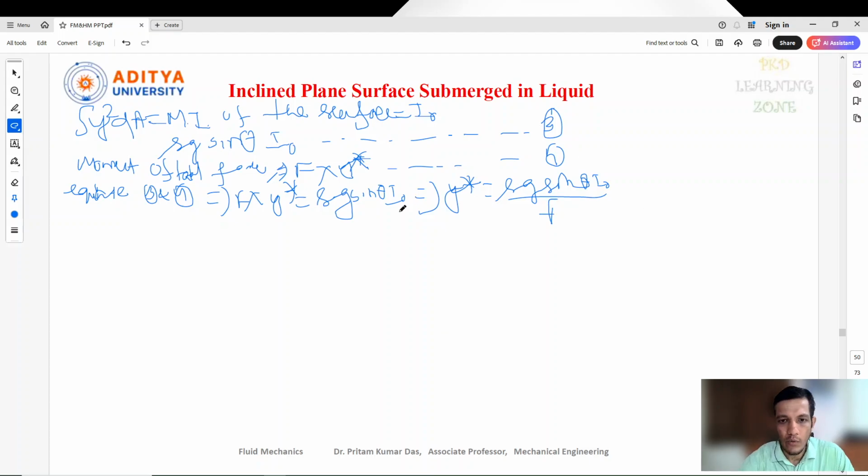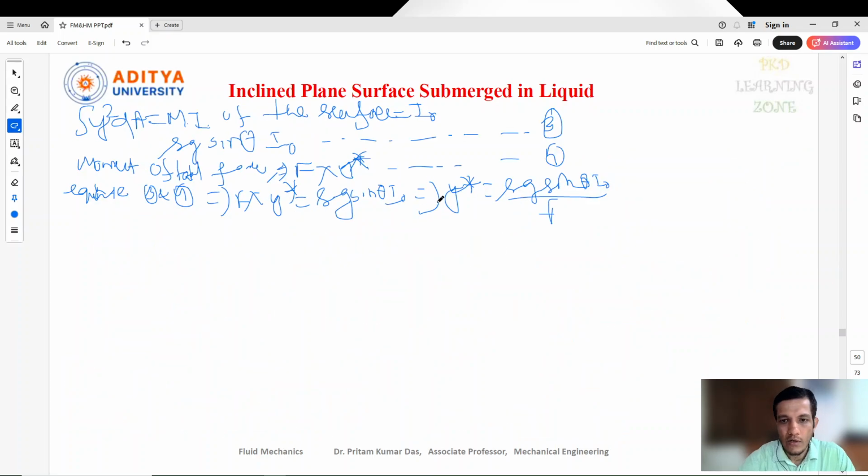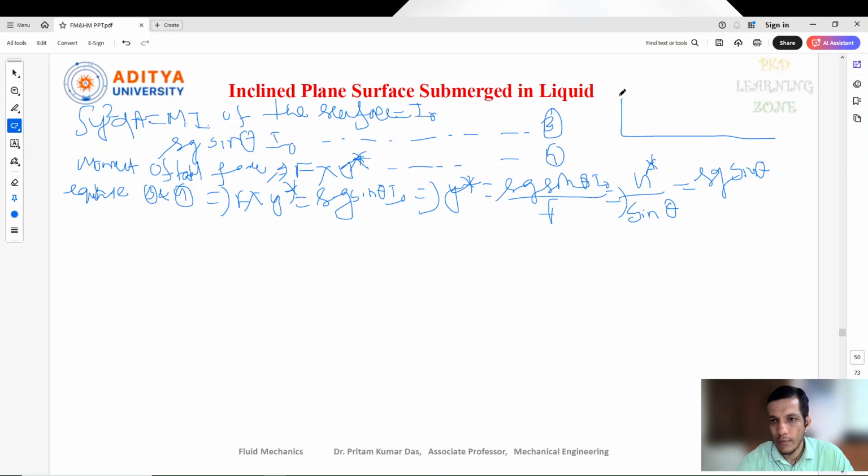Now we also can write y star equal to s star by sine theta, because we got s star equal to y star sine theta. So on behalf of y star, you can write here h star sine theta equal to rho g sine theta, and here I naught is nothing but the moment of inertia.